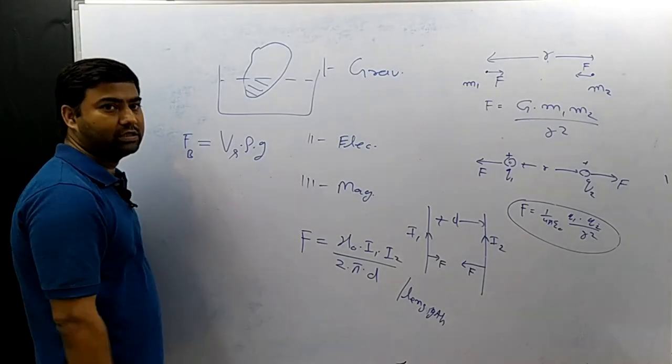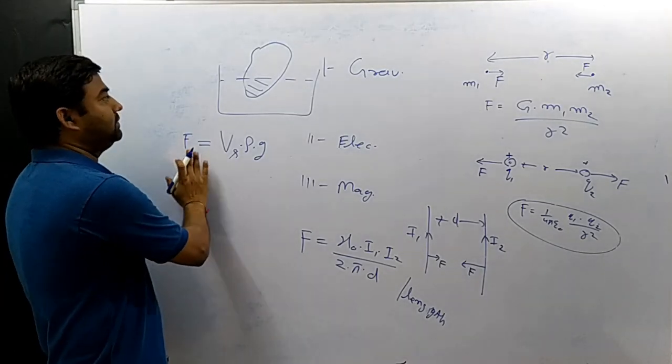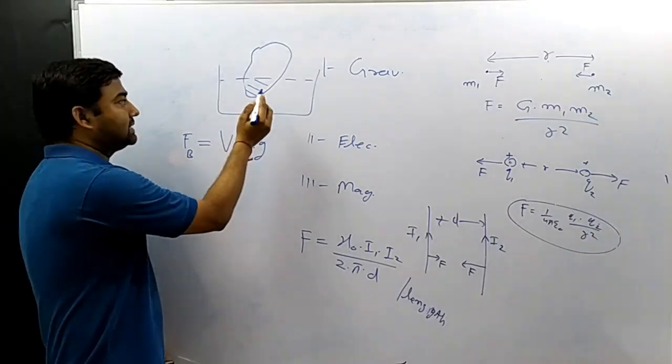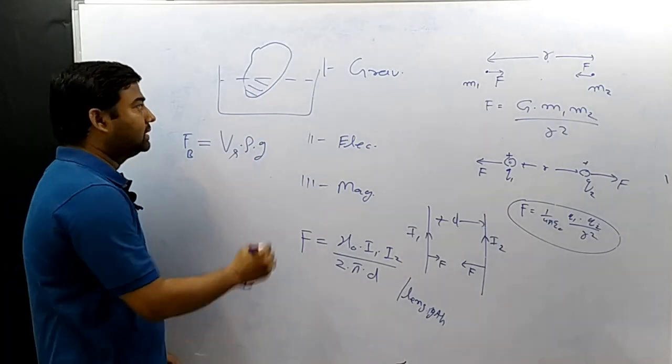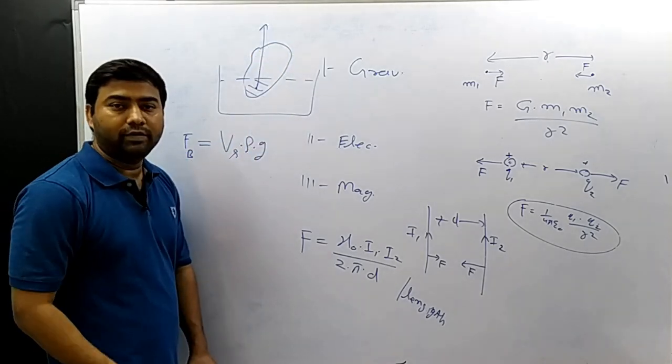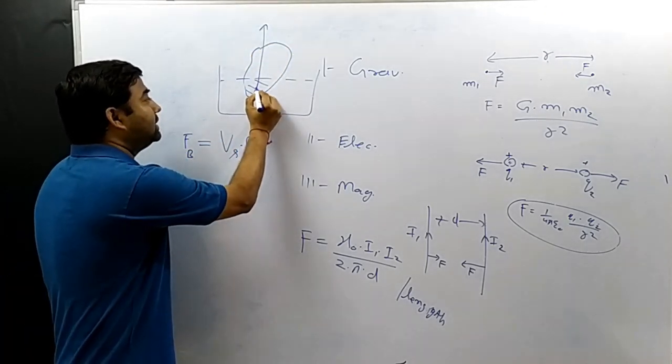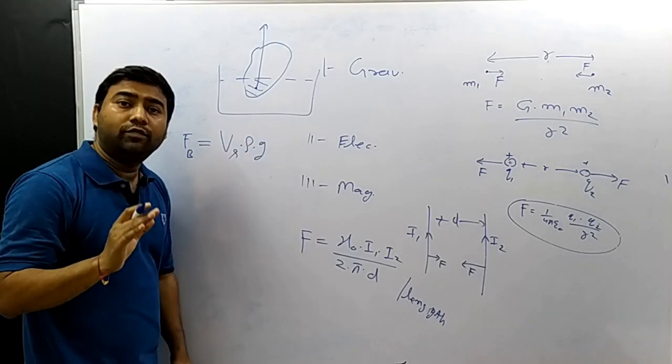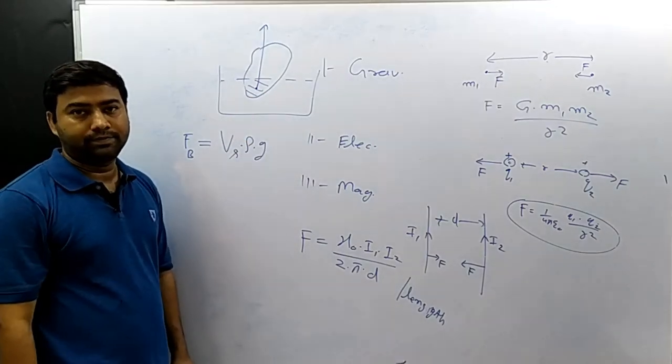This force of buoyancy will act on the submerged part of the body in the opposite direction of gravity, and it will act at the center of gravity of the submerged part.